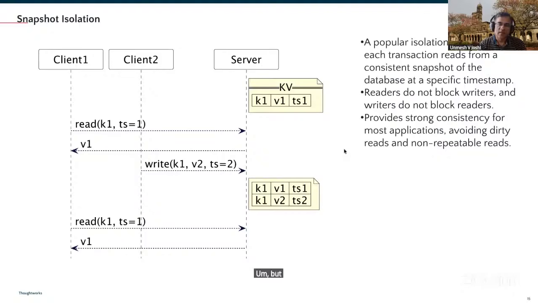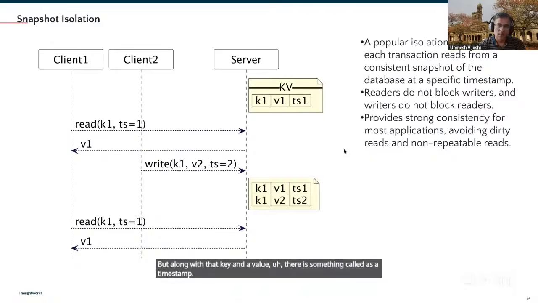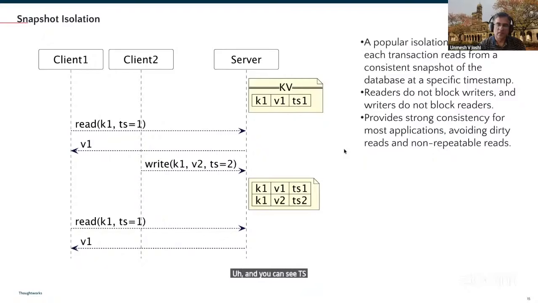But along with that key and value, there is something called a timestamp, and you can see TS1 and TS2 stored. And that is essentially what marks the version for each record.